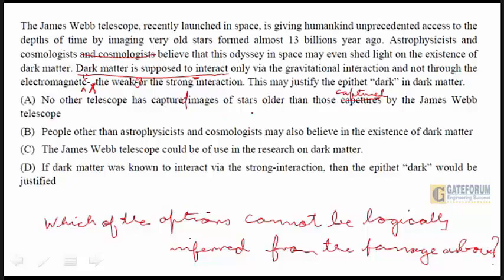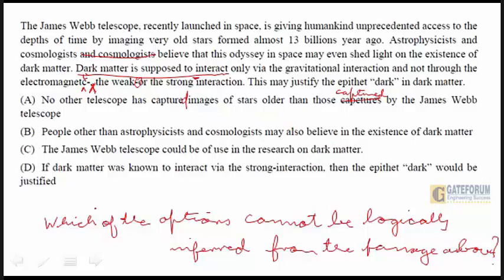So this can be very much true, may not be true also, but can also be true. A is definitely true, B can be true. Now number C, the James Webb telescope could be of use in the research on dark matter. Absolutely true, because that is what they have said. It may even shed light on the existence of dark matter. So, searching on dark matter, it's found to exist. So, this is absolutely true.